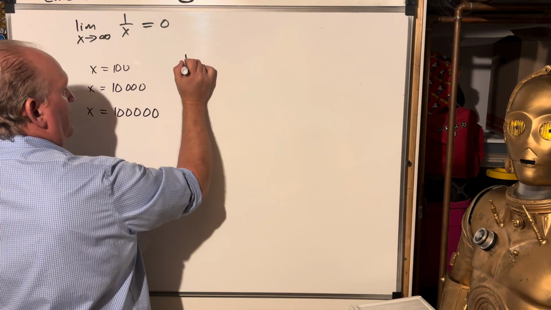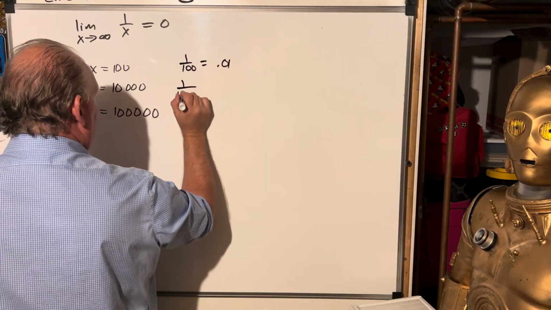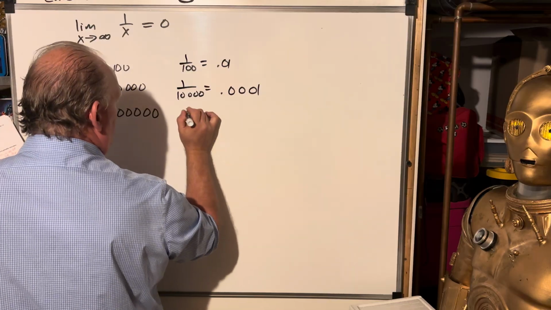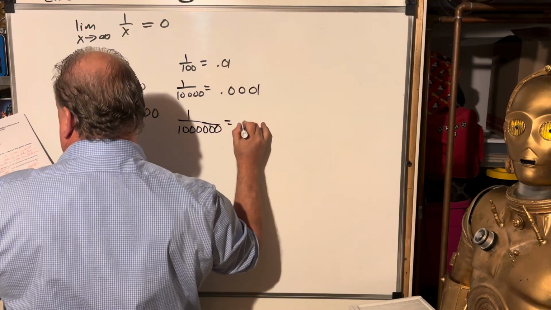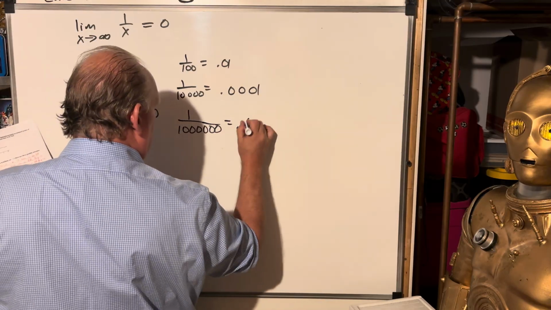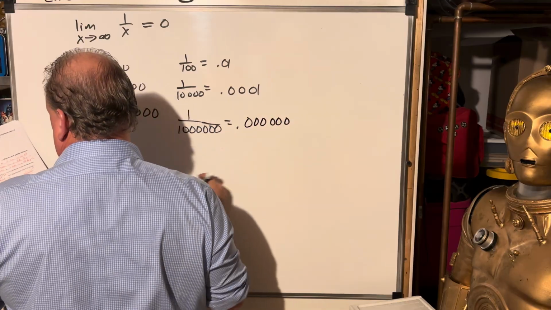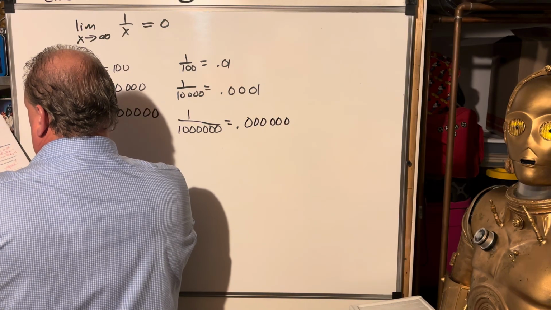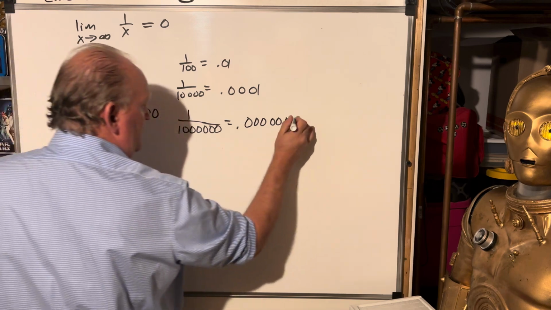That's 1 over 100, 0.01, 1 over 10,000, 0.0001, 1 over a million.